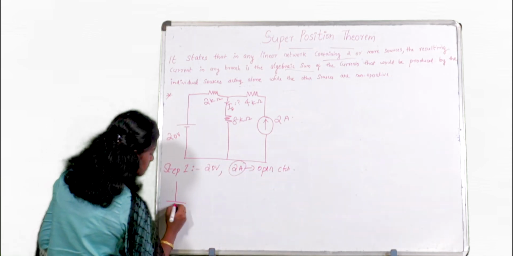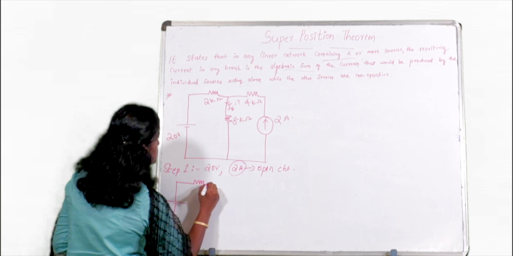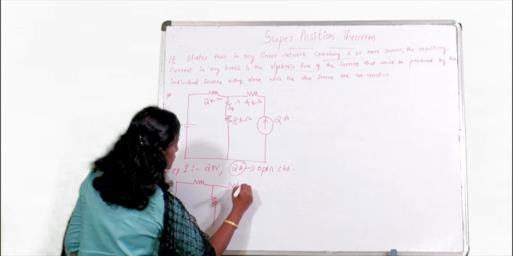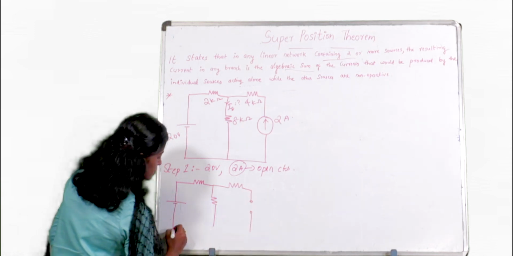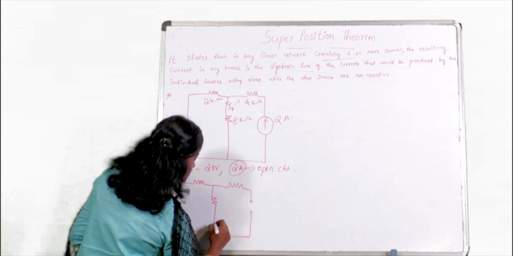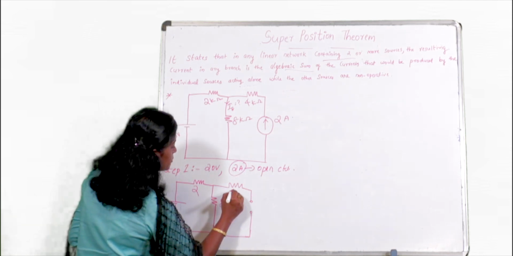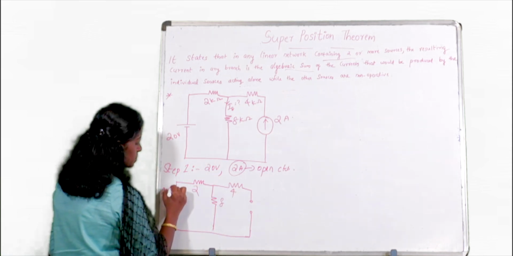So here this is the 20 volt source. This is 2 kilo ohm, 8 kilo ohm, and this is 4 kilo ohm. So this is open circuit, means here we can draw like this. So this is 2 kilo ohm, this is 8 kilo ohm, and this is 4 kilo ohm. So this is the 20 volt source.